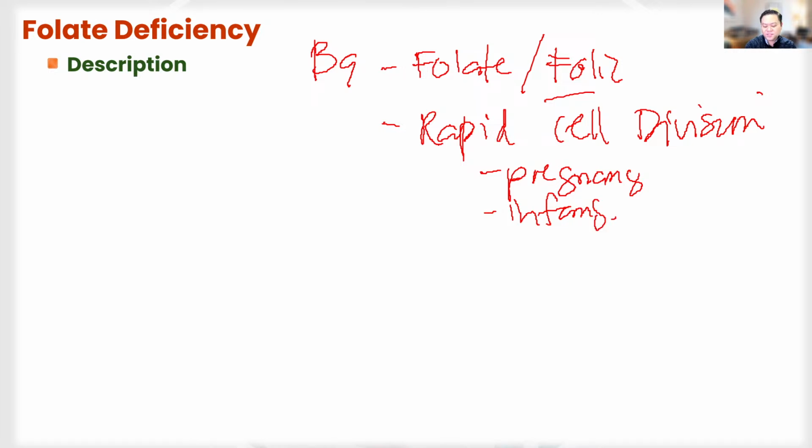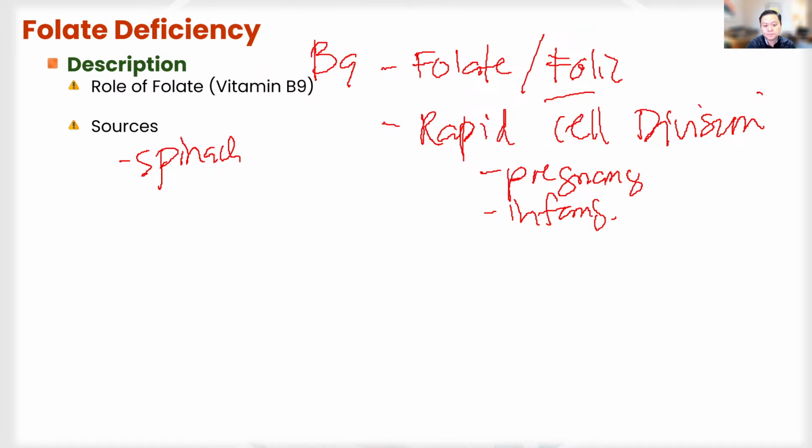Now, let's talk about the source of the folate here. It is going to be taken from some food items, especially vegetables like spinach and broccoli, maybe fortified foods that have folic acid in them. So again, let's name them. Spinach is one, broccoli is another.